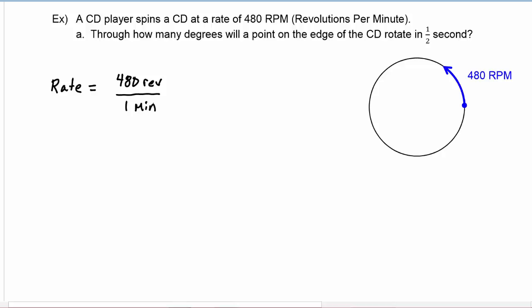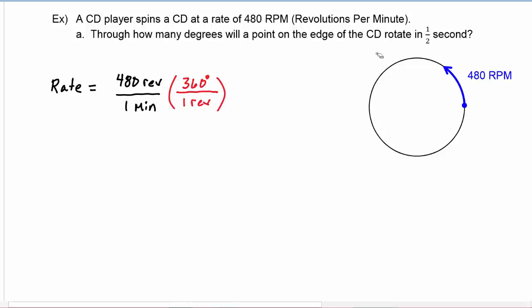That's what RPMs mean. Now we notice that the question asks us through how many degrees. So we don't want units of revolution, we're going to want the units to be degrees. So let's use a conversion factor that 1 revolution is equal to 360 degrees.